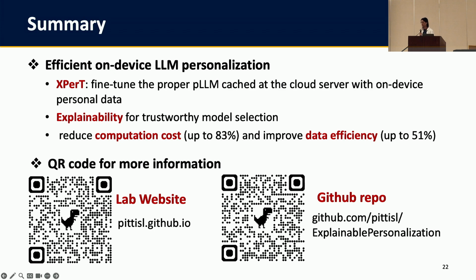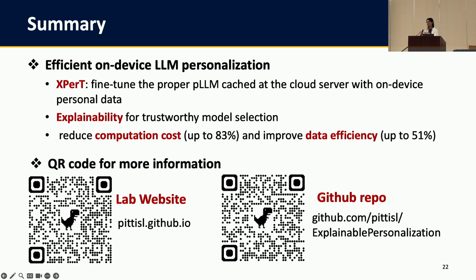This is Lemi from Hong Kong PolyU, and my question is how do you initialize a list of PLMs, and what are the selection metrics when you initialize them? You mean how do we first get a pool of PLMs to select from? Yeah. So we can start by, for example, in Hugging Face, there are many open source models fine-tuned on different data.